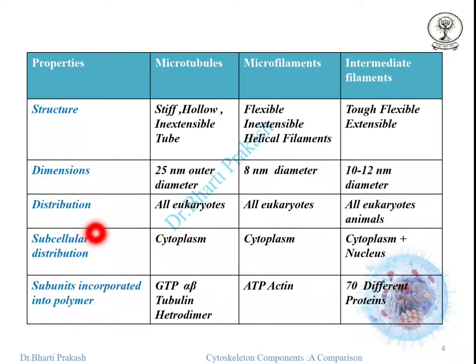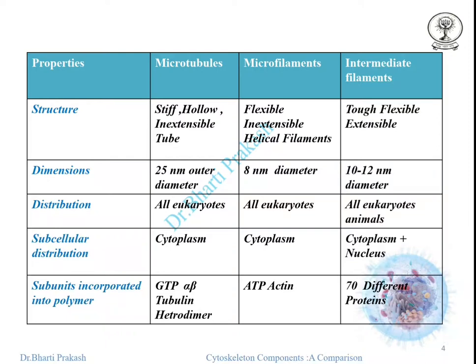Further, coming to their distribution, the microtubules and the microfilaments both are present in all eukaryotic cells. Intermediate filaments are present in all animals. Coming to their subcellular distribution, microtubules and microfilaments are both present in the cytoplasm, whereas the intermediate filaments are present in the cytoplasm as well as the nucleus.